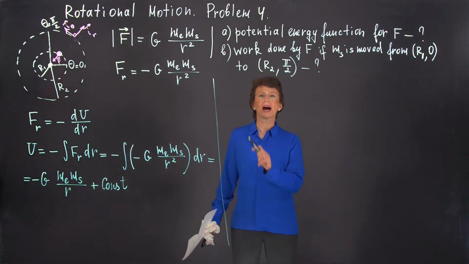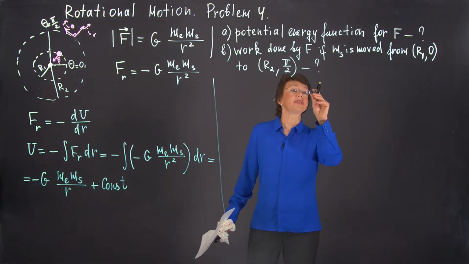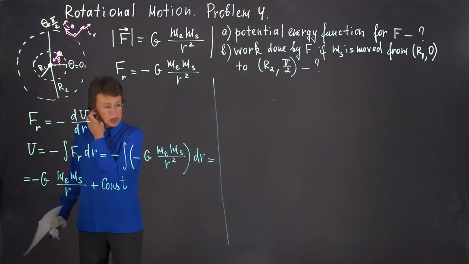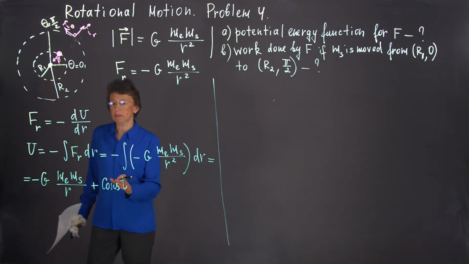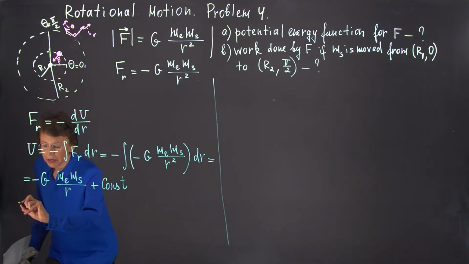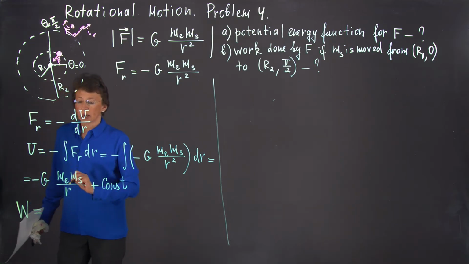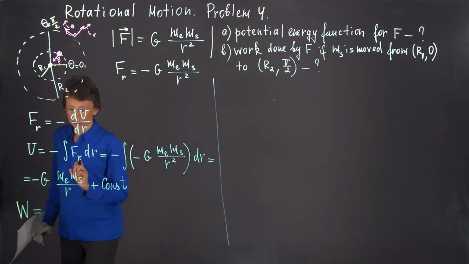Part B, find the work done by this force if this satellite is moved from this point to another point. So, do we see an angle here? No, nothing depends on angle in our formula. But what about work? Remember, what is work? Work done by conservative force, and this is a conservative force with this potential energy.